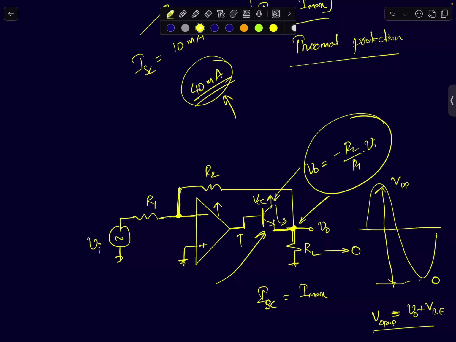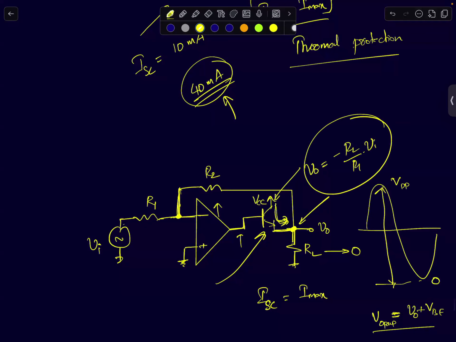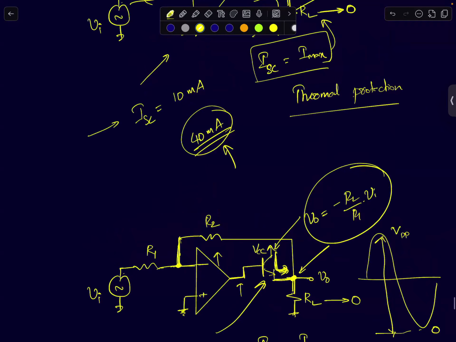I'm delivering the right power, but this BJT will supply that current. Just keep one point in mind: the BJT can only supply current because it's an NPN BJT. It can supply current only in one direction. We'll talk more about this in the next lecture, but I just wanted to introduce this concept of short circuit current, the maximum current you can deliver.